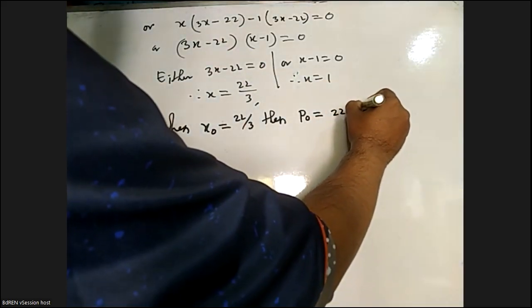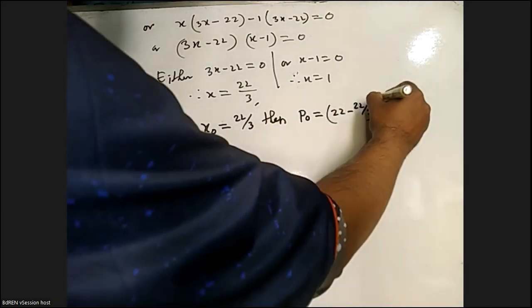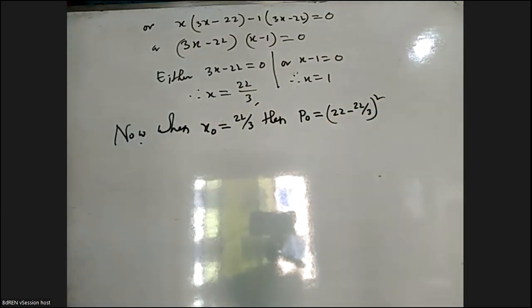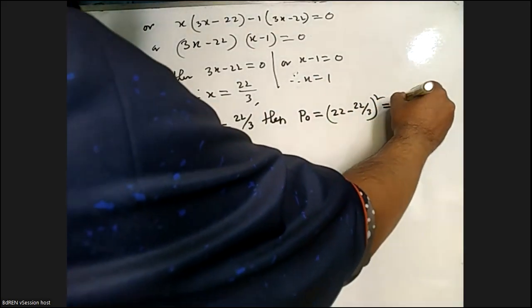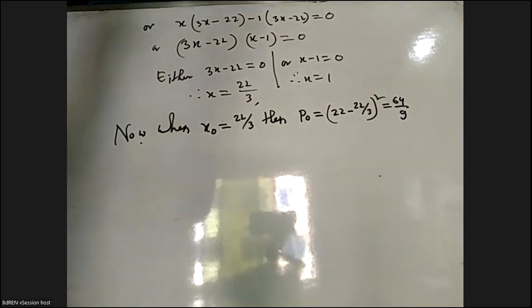Okay, x means 22 by 3, whole square. So from the demand function, we get easily 64 by 9. So this is the P naught.